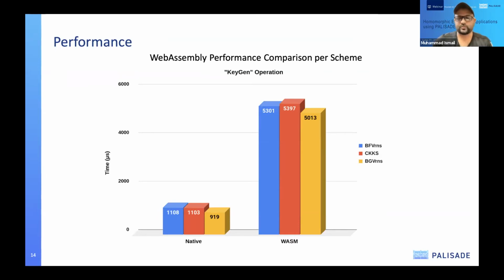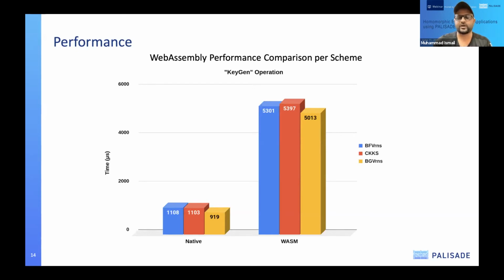All right, so definitely there is generally a 2x slowdown. Palisade definitely uses 64-bit computations, and in WebAssembly those are not fully supported in some way, and that is the reason for the slowdown.